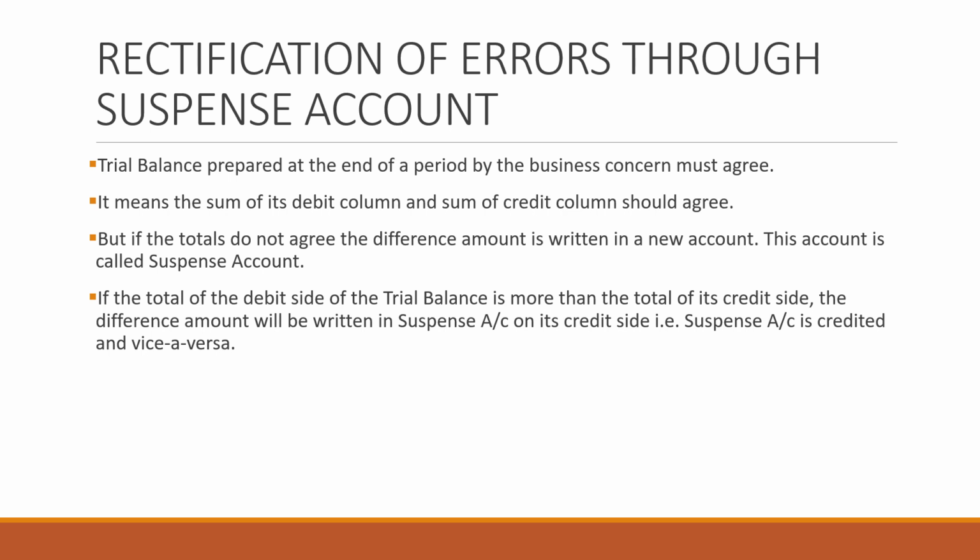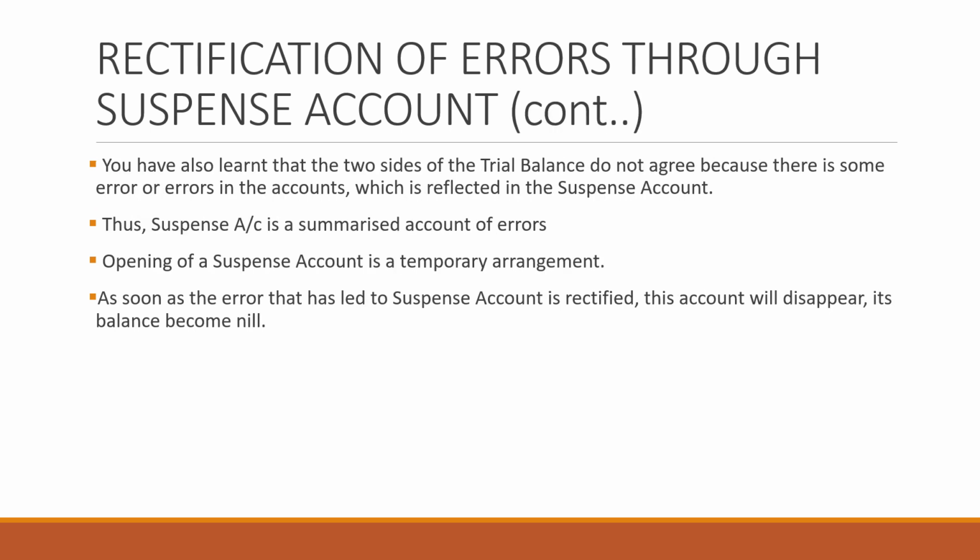So it will take the difference of the totals of the debit side and the credit side. And you've already learned that the two sides of the trial balance do not agree because there is some error or errors in the accounts, which is reflected in the suspense account.